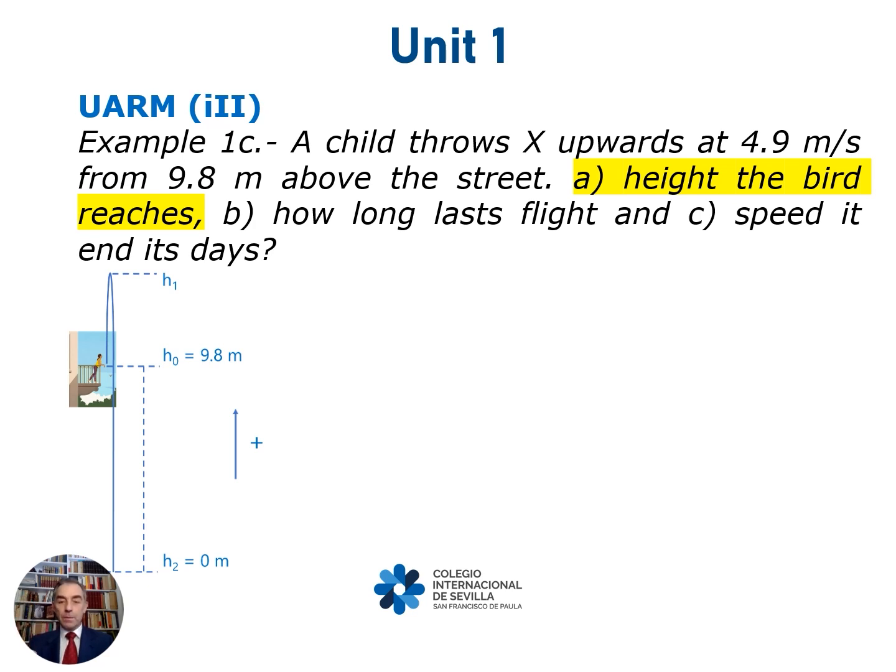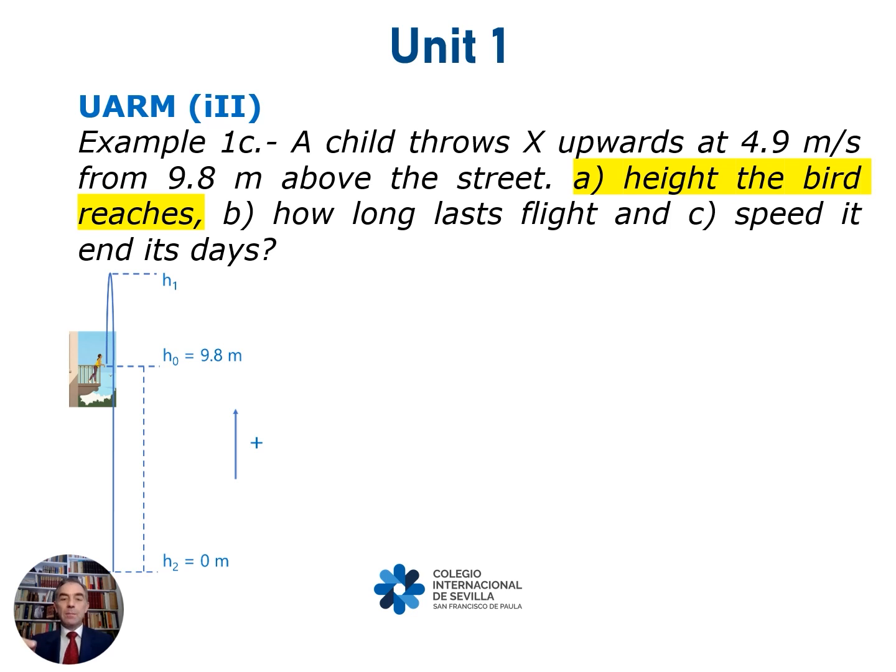Therefore, 0 plus 9.8. And it throws the body upwards, and it reaches a height we call h, and then crashes down onto the street at height 0.